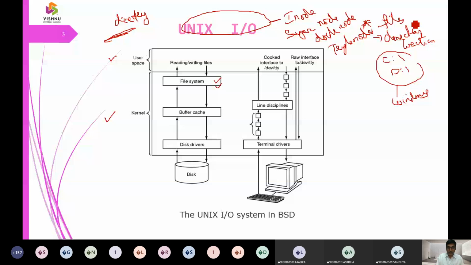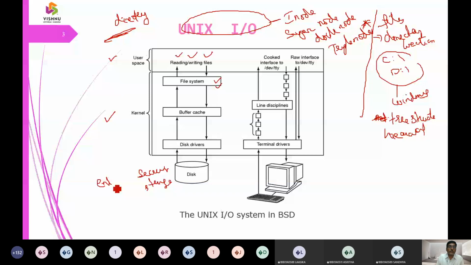With the file system, we can make a read operation or a write operation. We are going to use disks, which can be secondary storage or external storage.